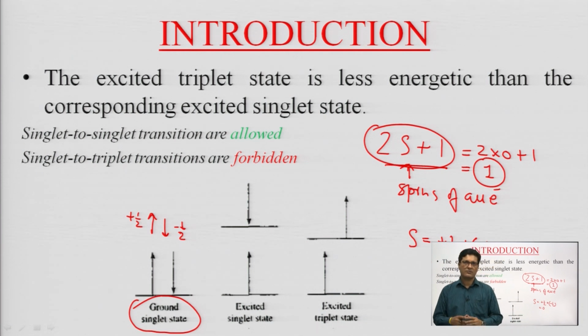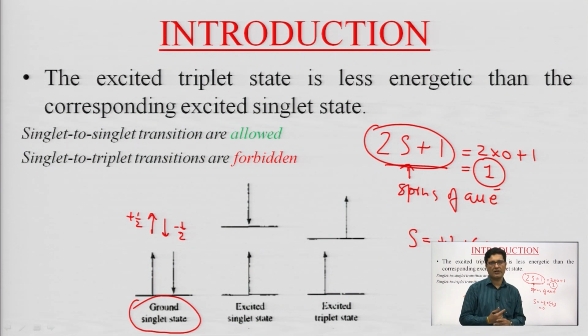So, when the spins are paired, according to the spin multiplicity rule, that state is called a singlet state. Whereas free radicals generally have one odd electron in their shell, which can have a plus 1/2 spin or a minus 1/2 spin.